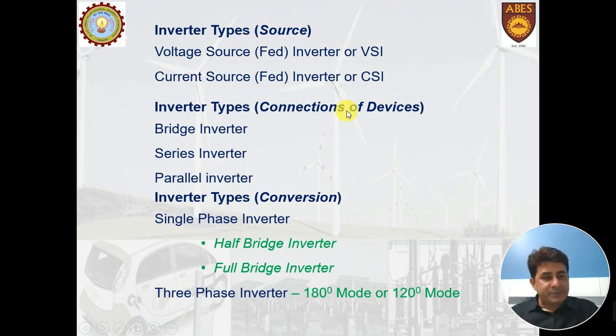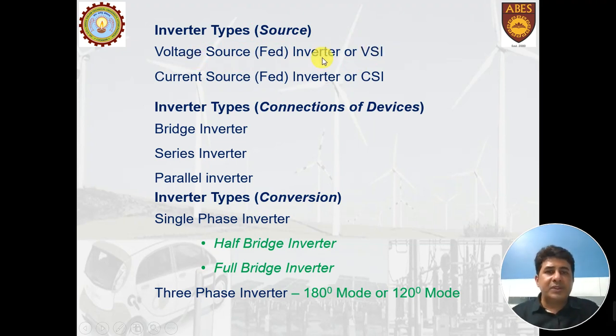There can be various types of inverters, VSCs and CSCs, voltage source converters and current source converters. Here, since I'm talking about inverter, I'll call it a VSI and a CSI. This voltage source inverter is the most common inverter, also called voltage source or voltage fed inverters, VSI or VFI.